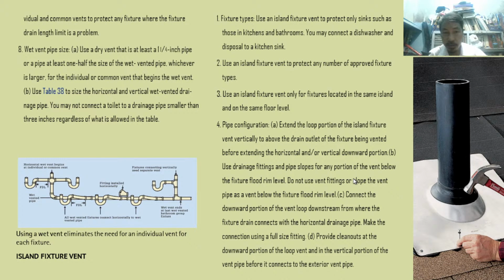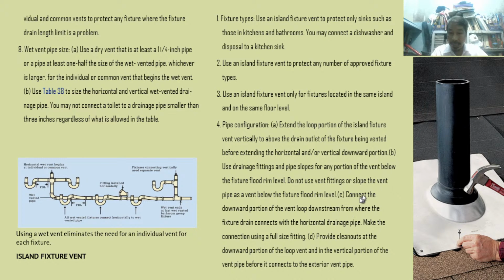Pipe configuration. Extend the loop portion of the island fixture vent vertically to above the drain outlet. Use drainage fittings and pipe slopes for any portion of the vent below. Connect the downward portion of the vent loop downstream from where the fixture drain connects with the horizontal drainage pipe.